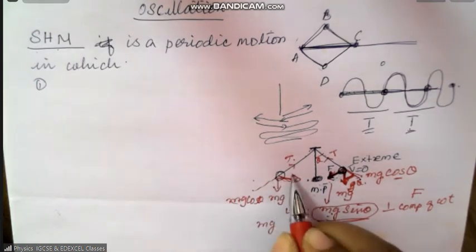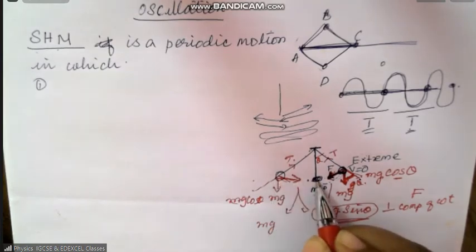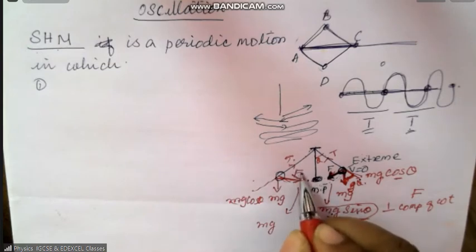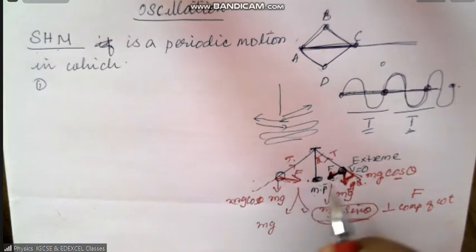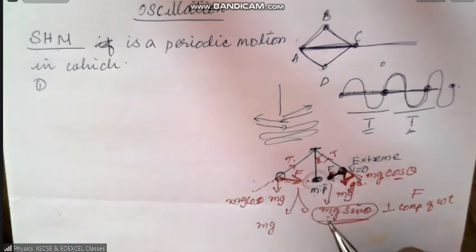So what is the direction of this mg sine theta? To the mean position. This is what you have to understand. This is the force. Whether it is to the right or to the left, the force is always towards the mean position. What is it? Mean position. So this is one of the conditions.